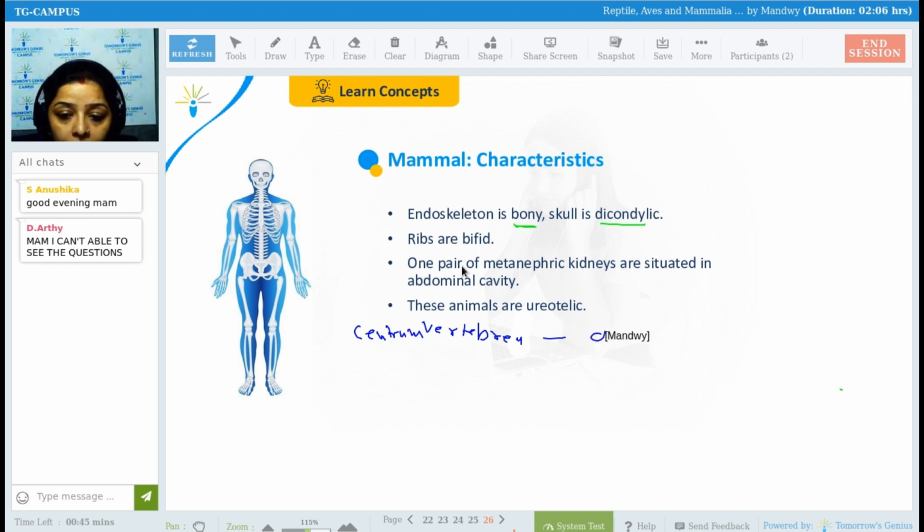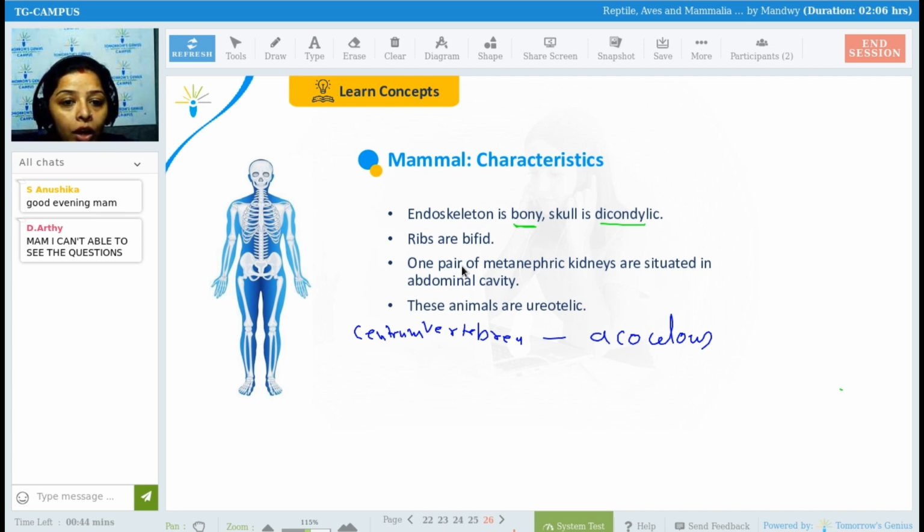Centrum of the vertebrae is acoelous. Acoelous means flat on both the sides of the central part of the vertebral column.